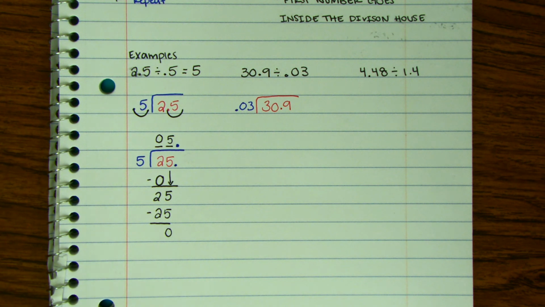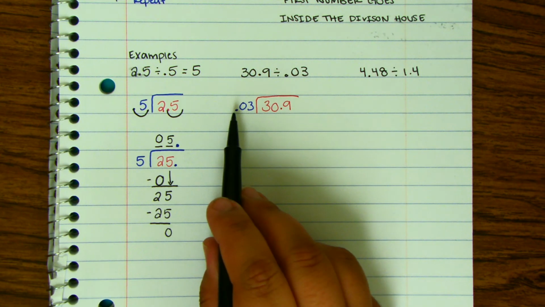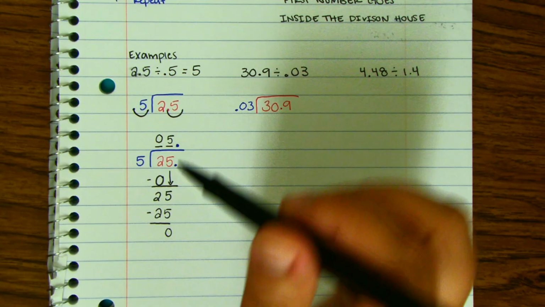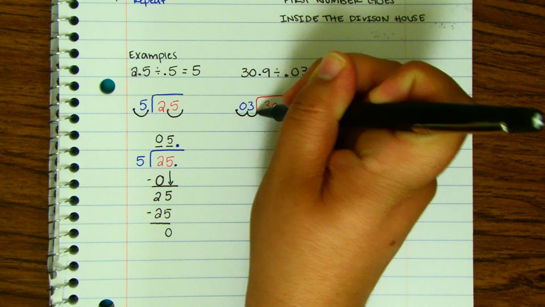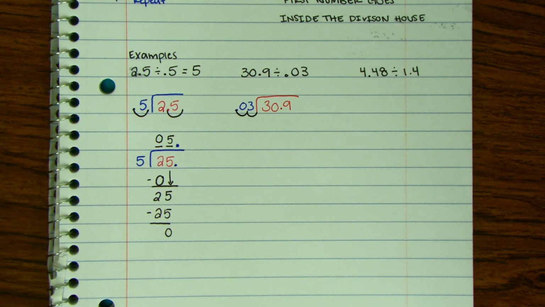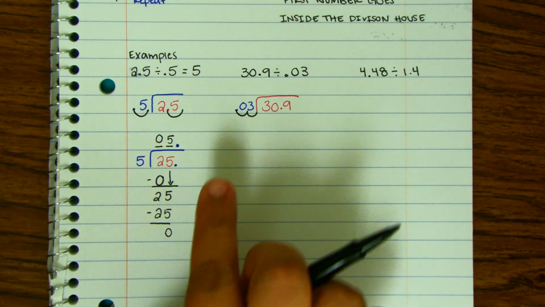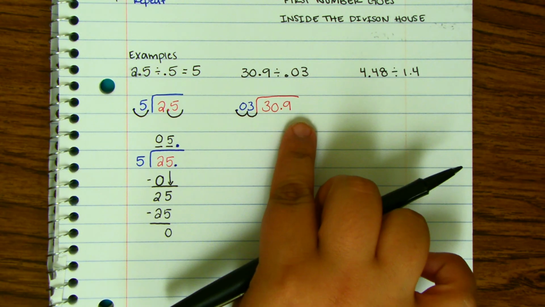Now I have to start by moving the divisor point because I need to get that to a whole number to be able to divide. I'm going to count 1, 2 spaces, and I moved it over 2 spaces. What I do to the outside divisor, I have to do the same thing to the inside dividend.